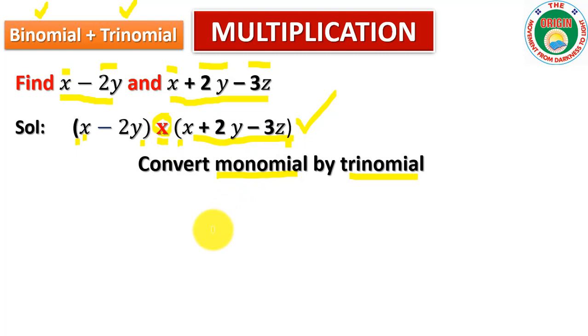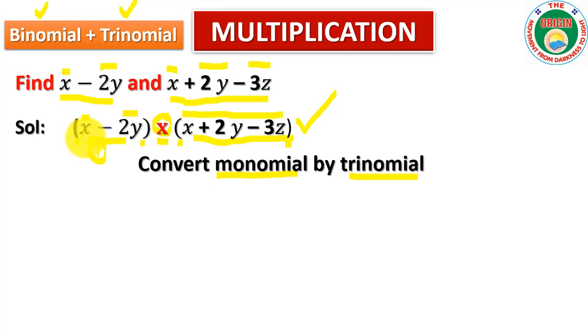How does it convert? While multiplying x minus 2y and x plus 2y minus 3z, this is the first term. Each and every term in the first expression should multiply with each and every term in the second. The first term is x.